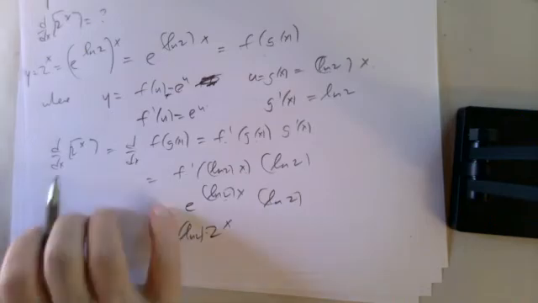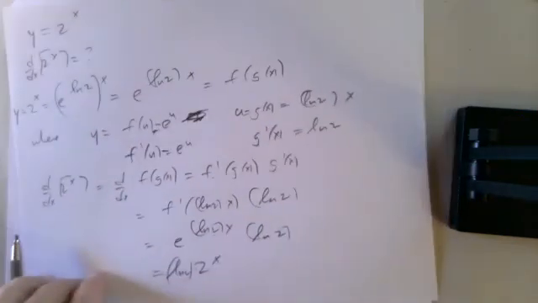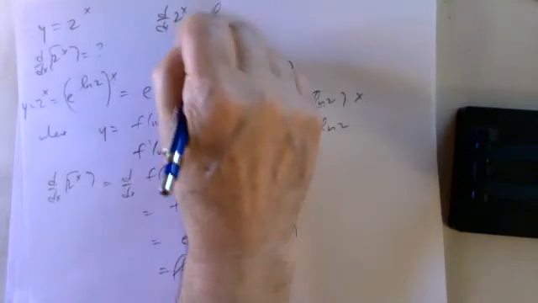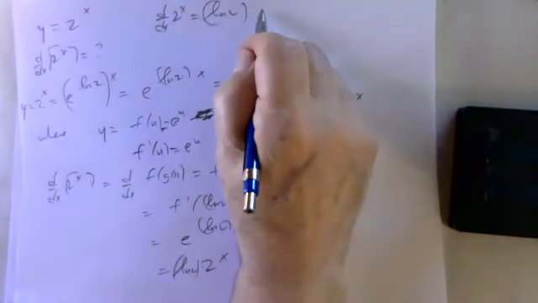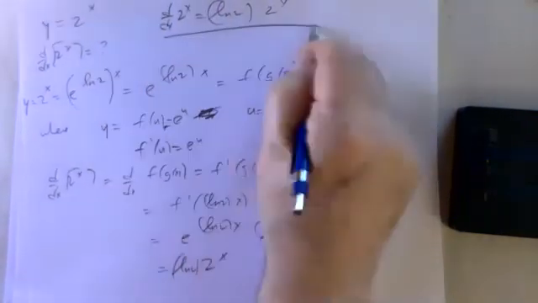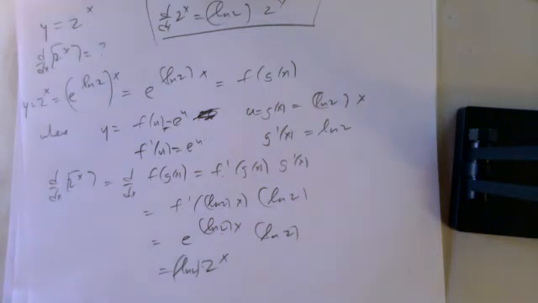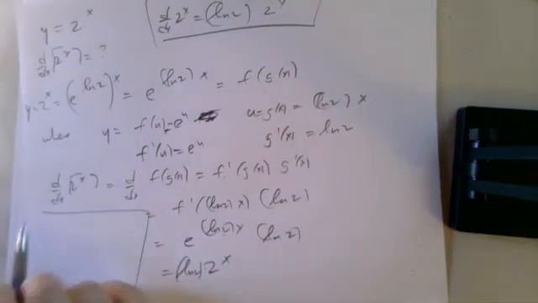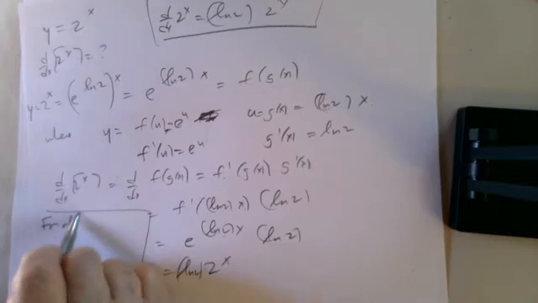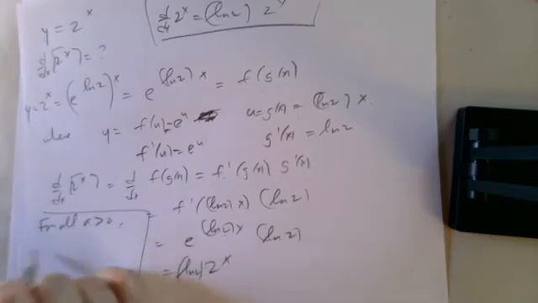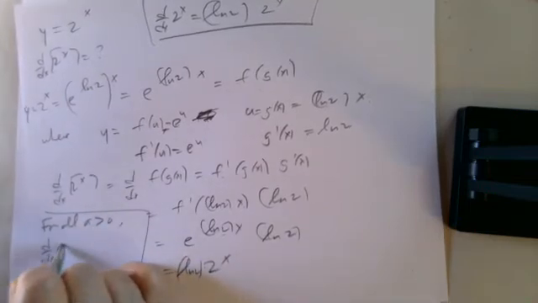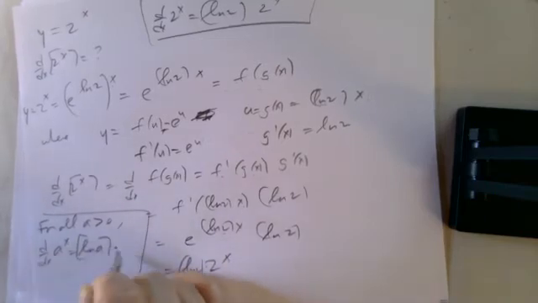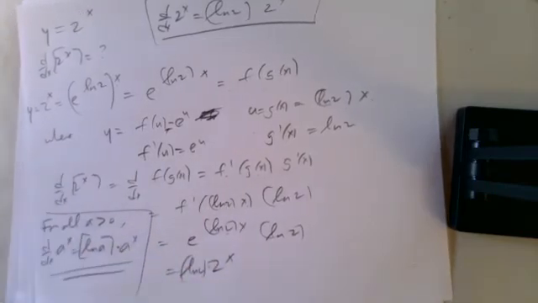So what we've proved is that by the chain rule, the derivative of 2 to the x is log 2, that number, times 2 to the x. And by the same argument, for all positive numbers a, the derivative of a to the power x is log a times a to the x.